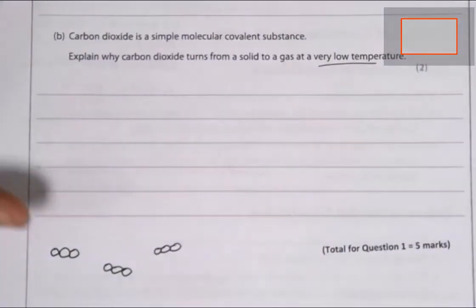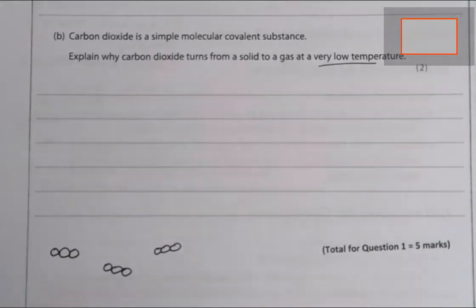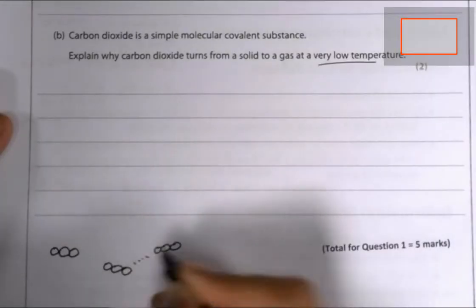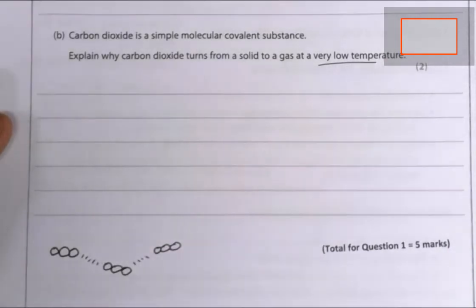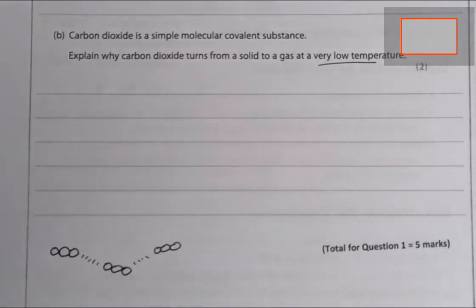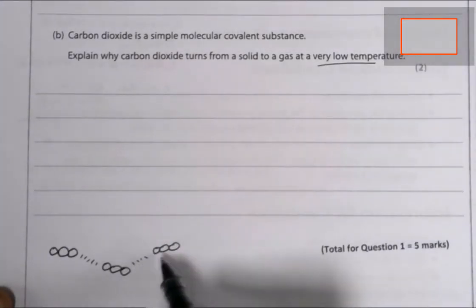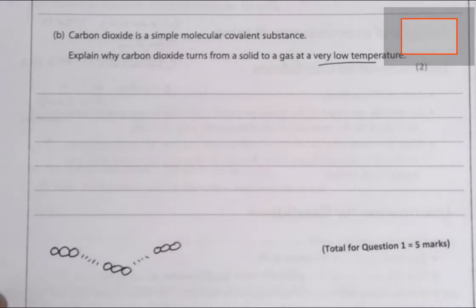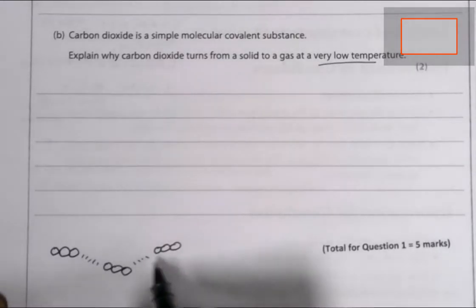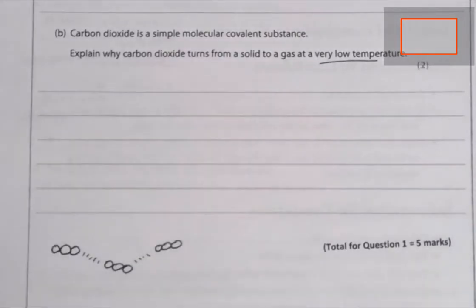You have got molecules of CO2 just floating around. It's a gas at room temperature. And between these molecules, you have intermolecular forces, forces between molecules. So when we are boiling it or subliming it or melting it, you are breaking the weak intermolecular forces. You are not breaking the covalent bonds. You're not splitting it into carbon and oxygen. You're just splitting apart the molecules.